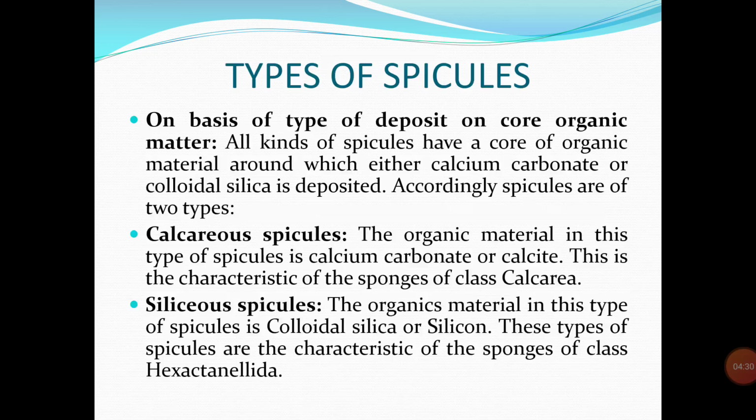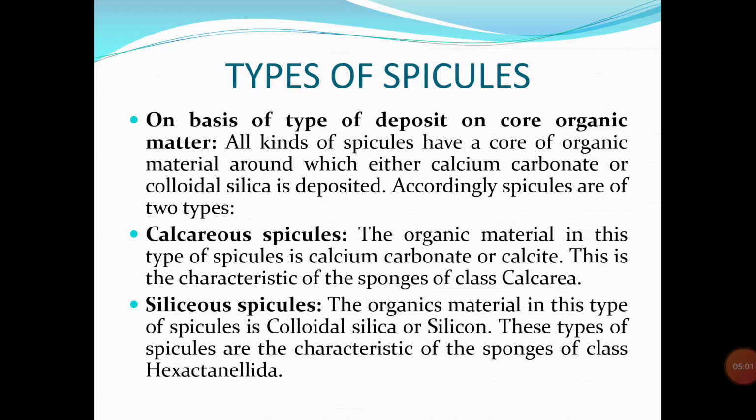We can divide the spicules on different bases. First, on the basis of the type of deposit on the core organic matter. All kinds of spicules have a core of organic material around which either calcium carbonate or colloidal silica is deposited. Accordingly, spicules are of two types. First, calcareous spicules.